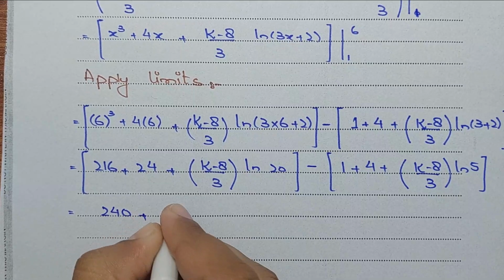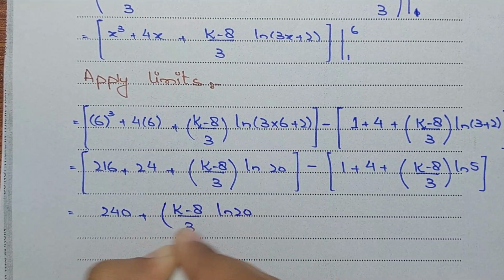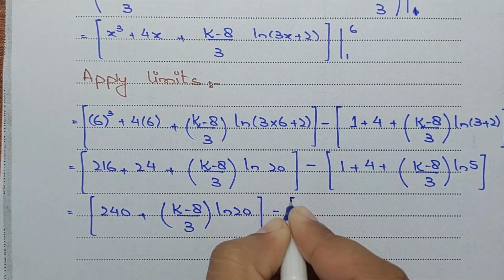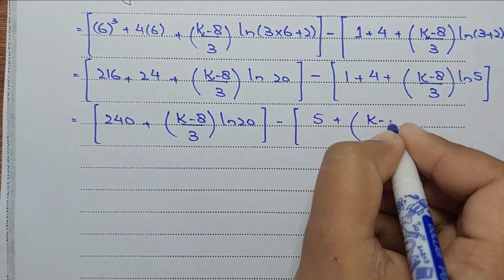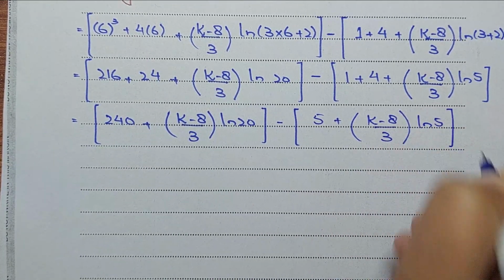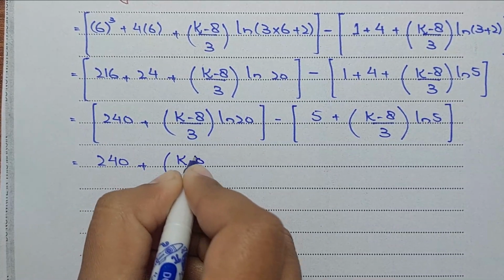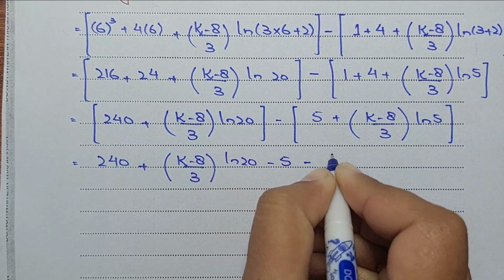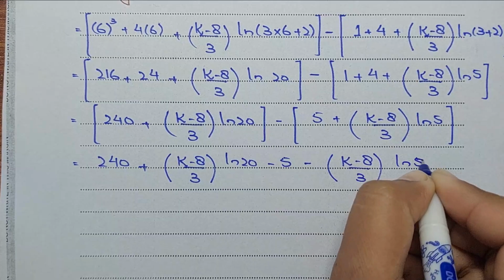So 240 plus k minus 8 over 3, natural log of 20, minus 5 plus k minus 8 over 3, natural log of 5. Open the bracket: 240 plus k minus 8 over 3, natural log of 20, minus 5 minus k minus 8 over 3, natural log of 5.